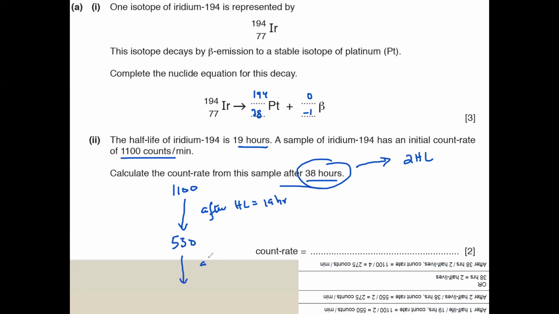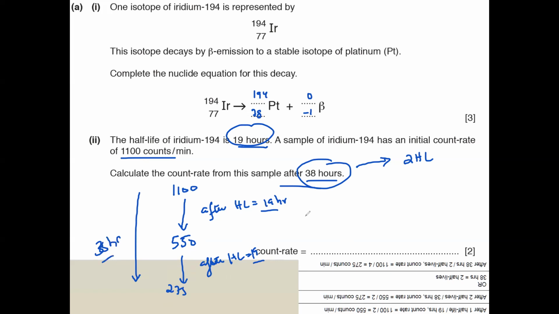Then after another half-life, after 38 hours means 2 half-lives, because one half-life is 19 hours. So after another half-life, half of 550 equals 275. And the total interval is 19 plus 19, which means 38 hours.